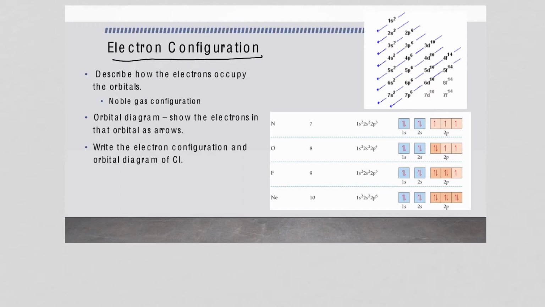Now, I've told you that there's many ways to remember this order. So you could simply memorize the order. Right? You can use the periodic table to trace the order. Now, you can also use a diagram like this, which lays out the order of filling. So the way this is done is that we put all of the s orbitals in the first column.